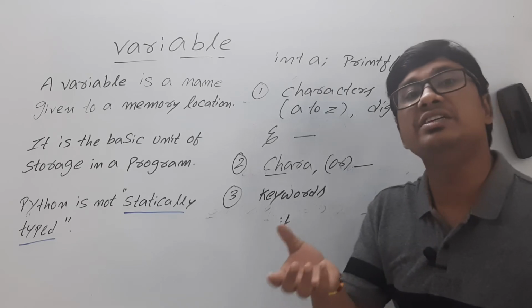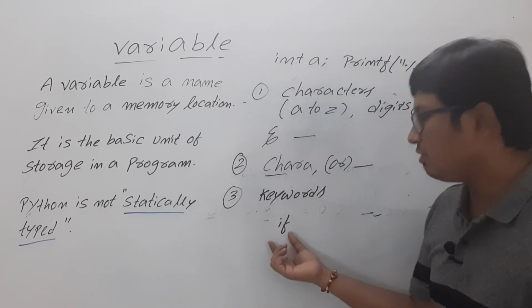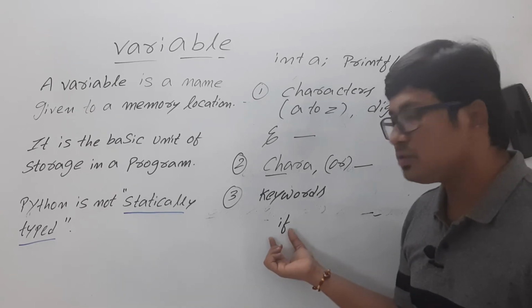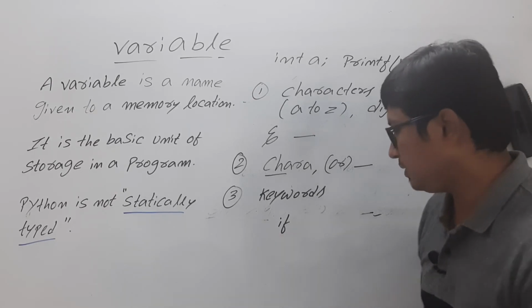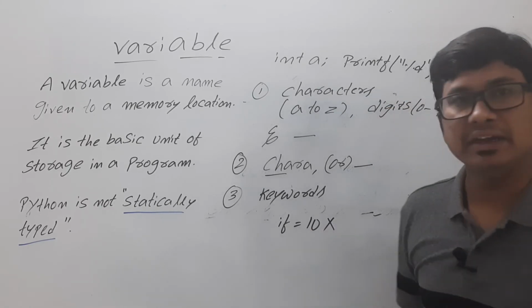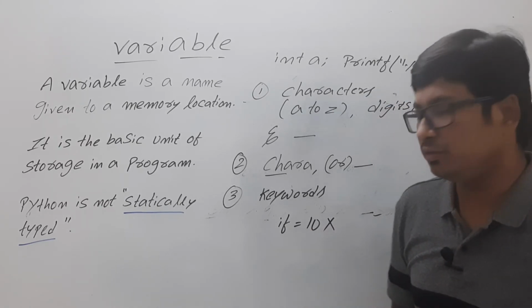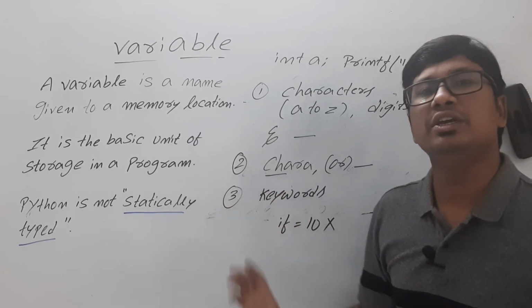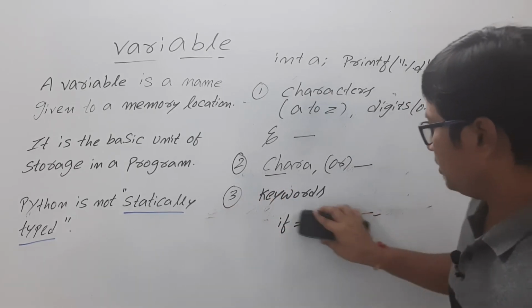We cannot change the meaning of that one. We use it in condition statements. So this one you cannot use as a variable. Meaning, you cannot say if is equal to 10. This is invalid. The interpreter will not allow you. It will give an error for you. So you cannot use the keywords as a variable.